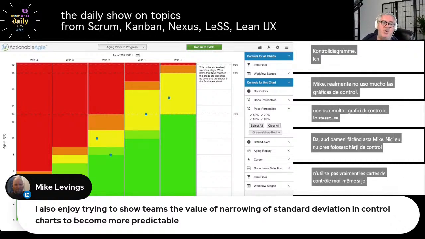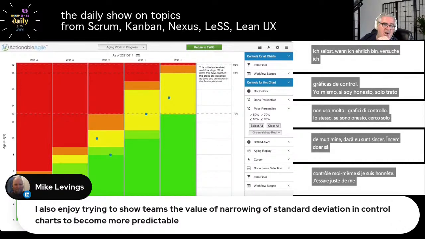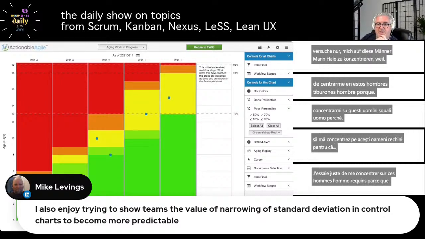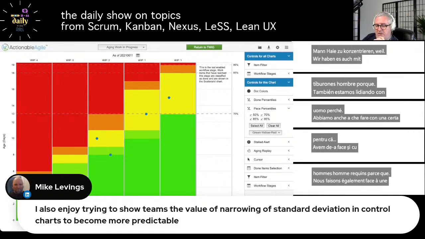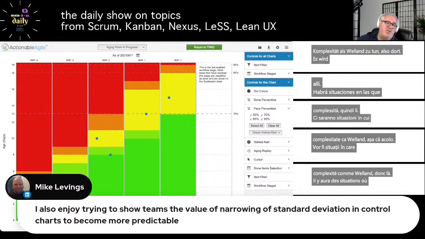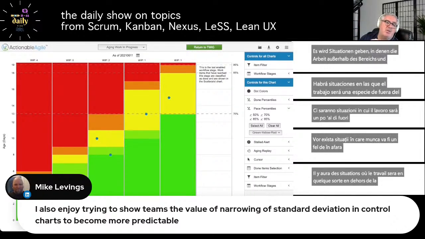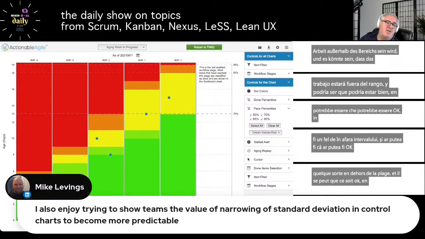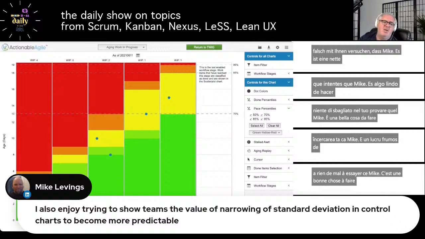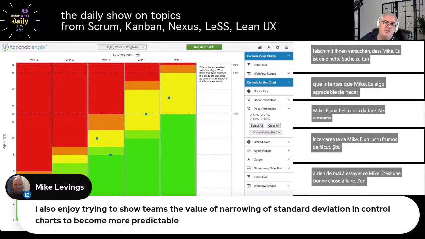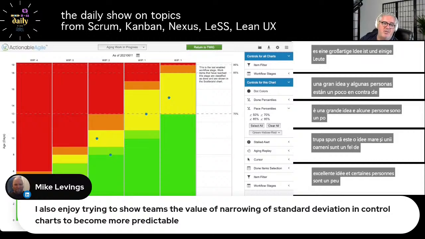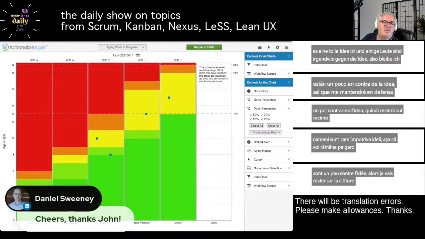I just try to focus on these main charts because we're also dealing with some complexity, and so there will be situations where work will be outside of the range, and that might be okay actually, but there's nothing wrong with you trying that, Mike. It's a nice thing to do. I know some Kanban practitioners say it's a great idea, and some people are against the idea. So I'll stay on the fence with that one, Mike, if you don't mind. And Daniel says thank you as well.